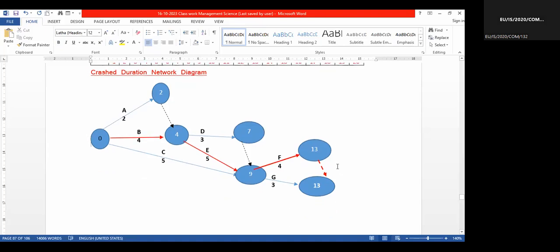Is there any change in the critical path? Friends, is there any change in the critical path?